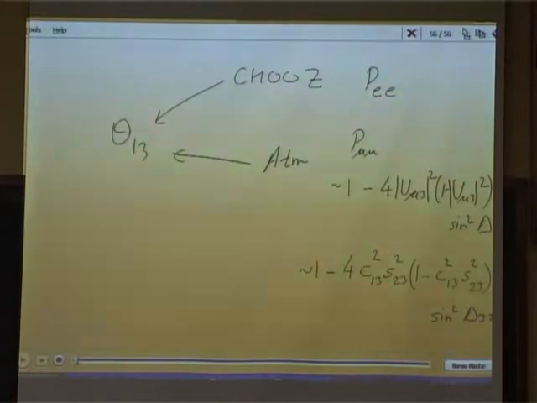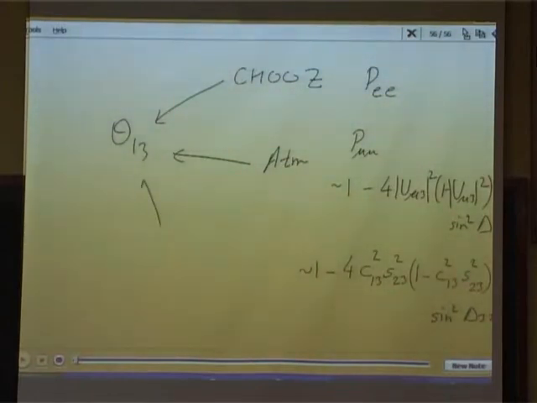So therefore cos theta 13 actually enters in P_mumu in the case of atmospheric neutrinos. So if you don't put it to 0, and you look at atmospheric neutrino data, you will get some bound on theta 13. Okay, so that is one more input.